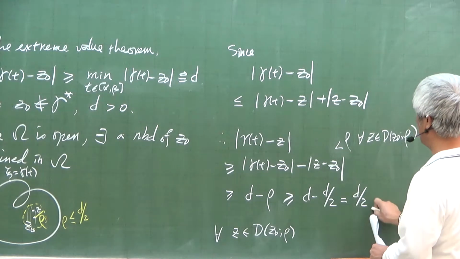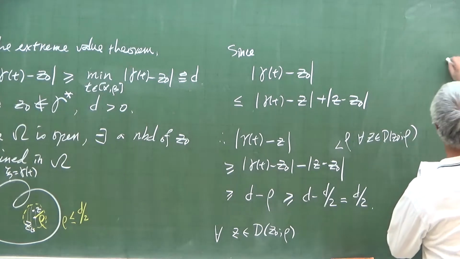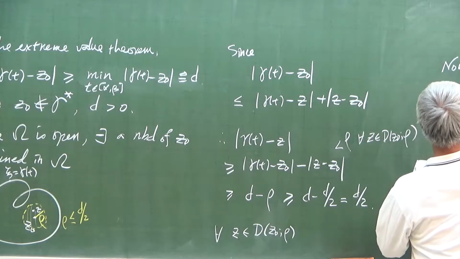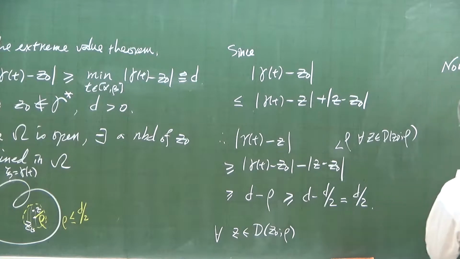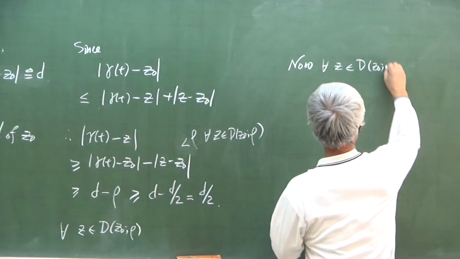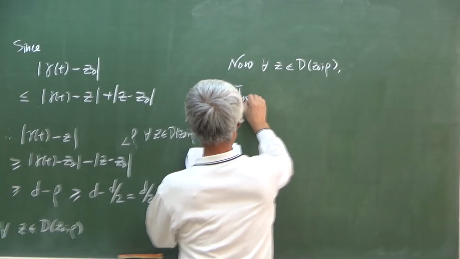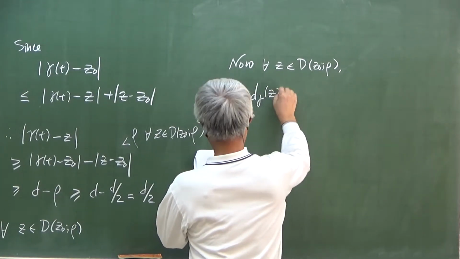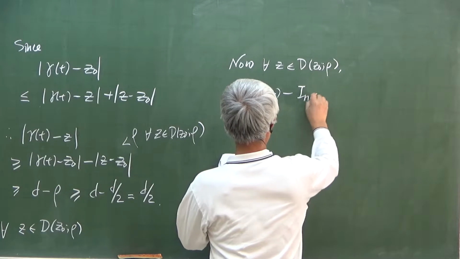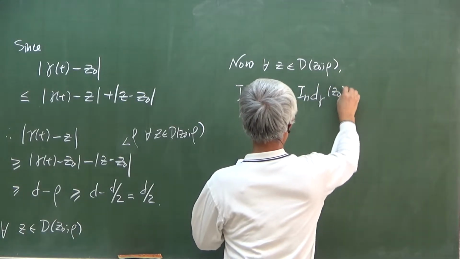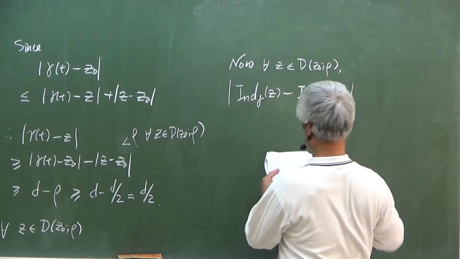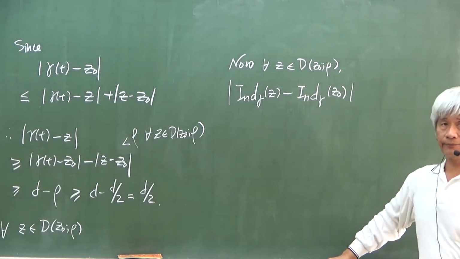Okay, so now for all z in the disk, right? For all z in the disk, the index value, now we estimate the difference.